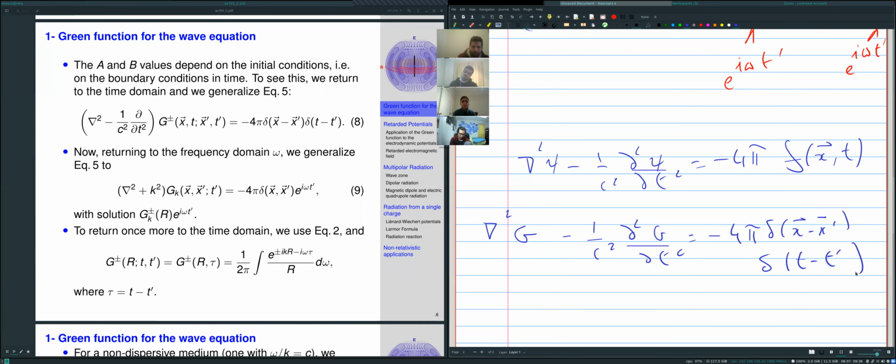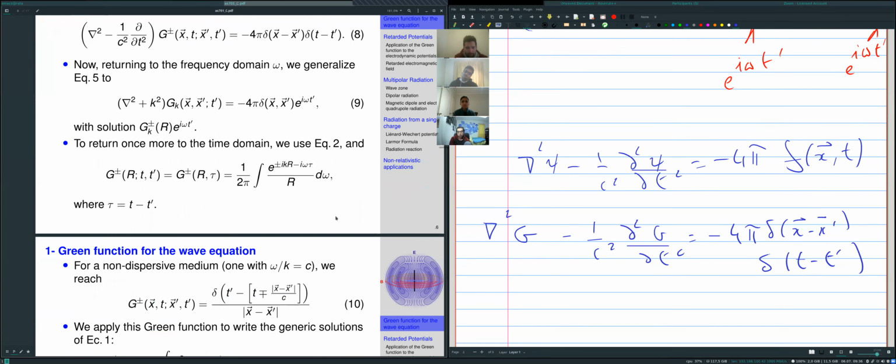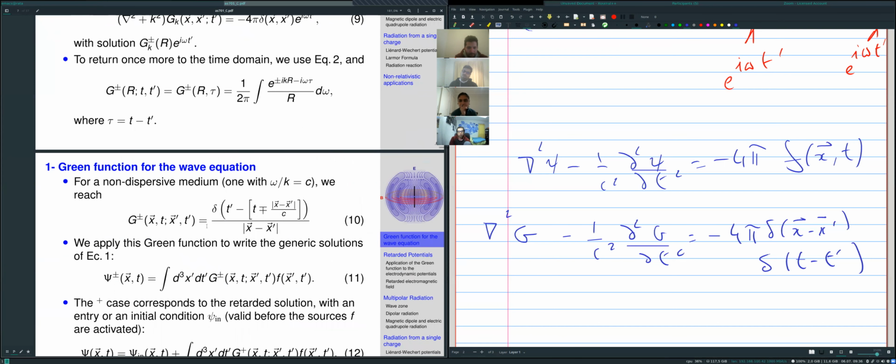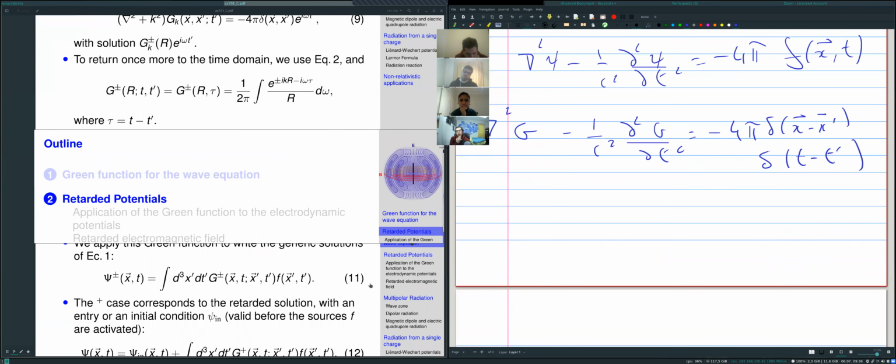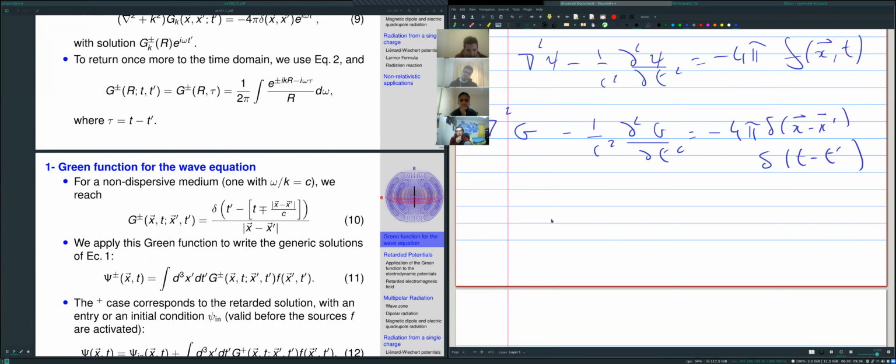Okay, good. And we've got the solution. This is it. So we know what the solution is for the equation for the green function.